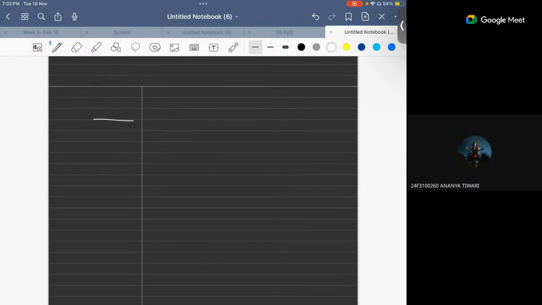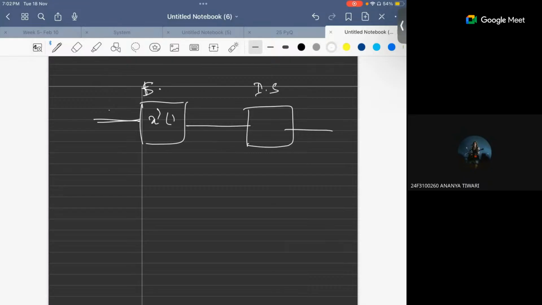Invertibility is like this: you have a system and its inverse system. For example, take x cube. If you put minus 2 here, it will be minus 8. If you put minus 8 in the inverse, it should give minus 2 only. If you can find such a system, then it is invertible. So x cube is an invertible system.